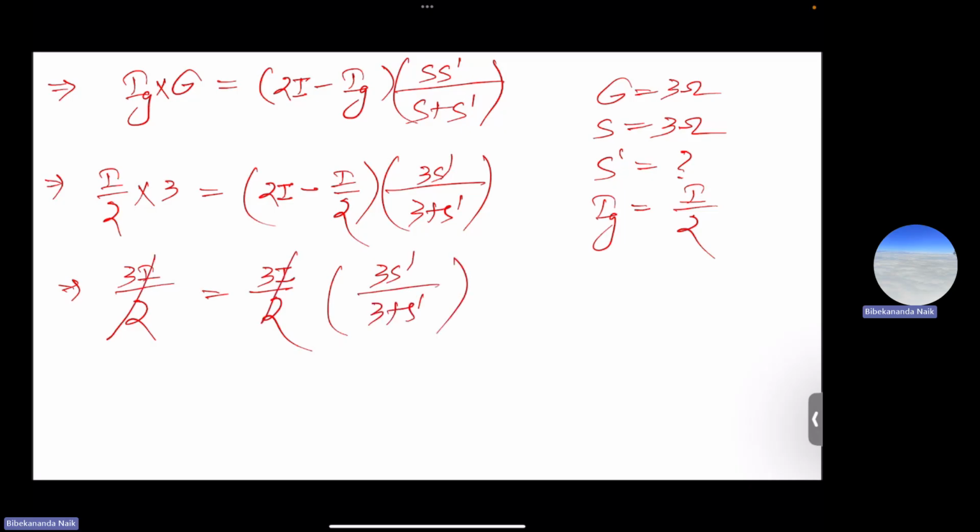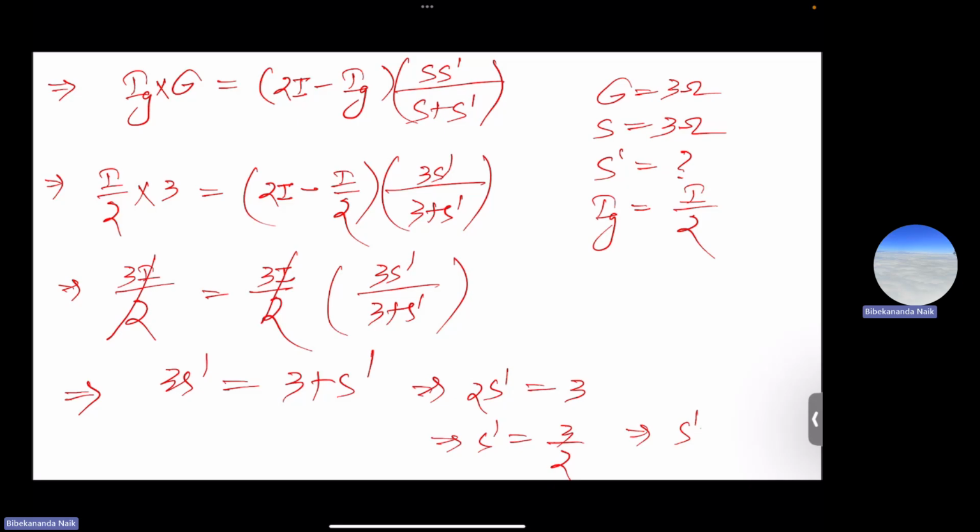So the 3I by 2 on both sides gets cancelled. So 3S prime equals 3 plus S prime. So 2S prime is 3, S prime is 3 by 2, S prime is 1.5 ohm.